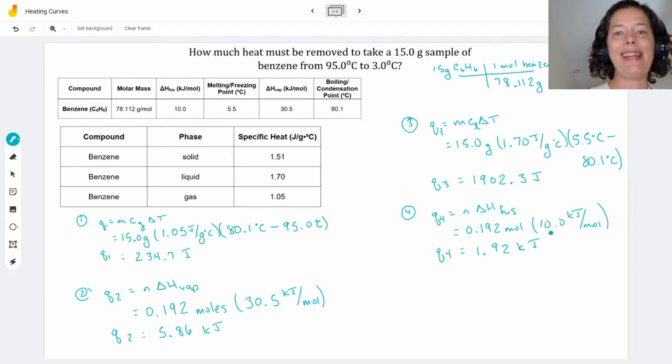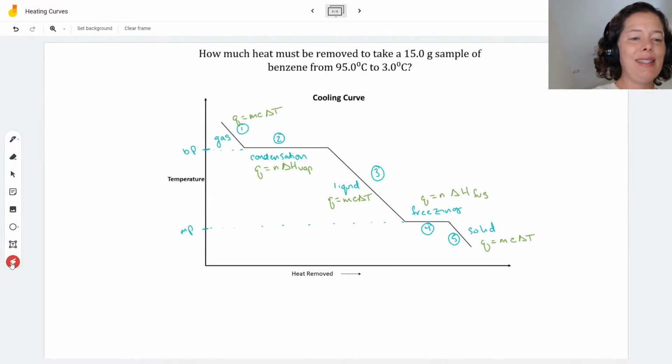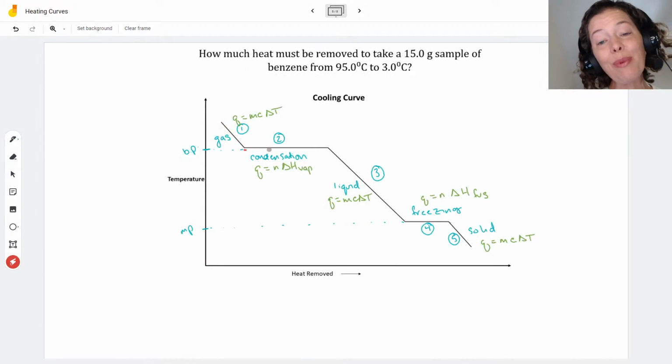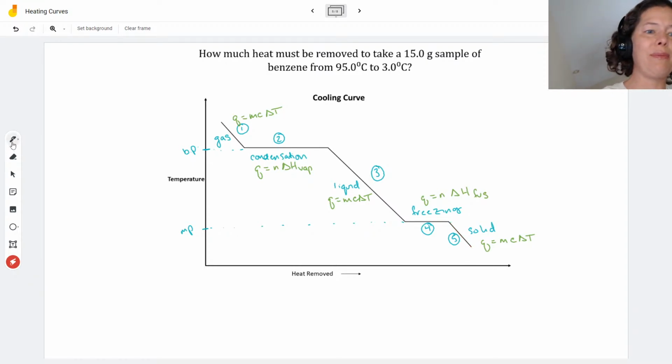Okay, back to the heating curve one more time. Took our hot gas, we brought it down to the condensation point, we condensed it, we took our liquid and brought it all the way down to the freezing point, we froze our sample, and now we're going to take our solid and we're just going to cool it down to where the problem tells us to cool it.